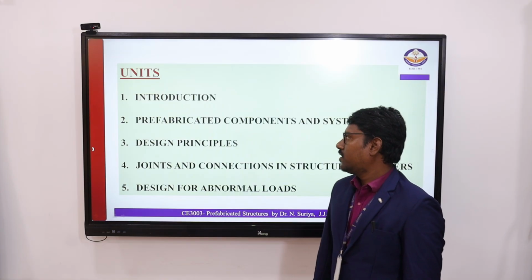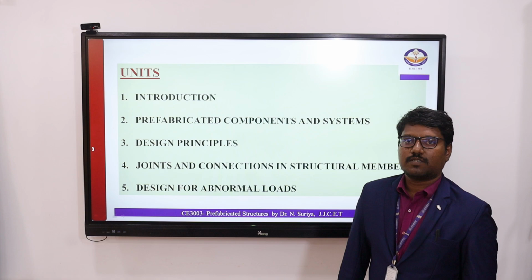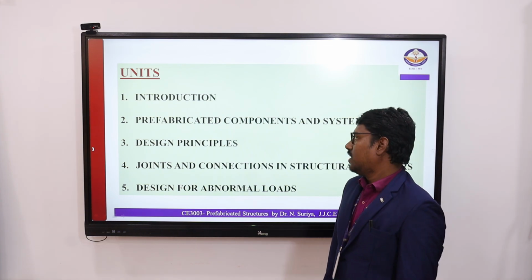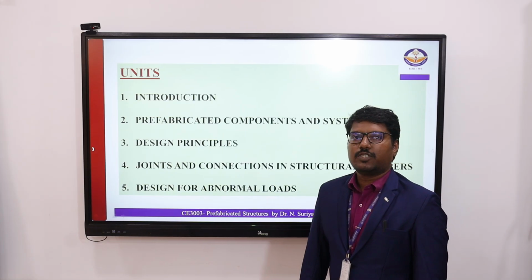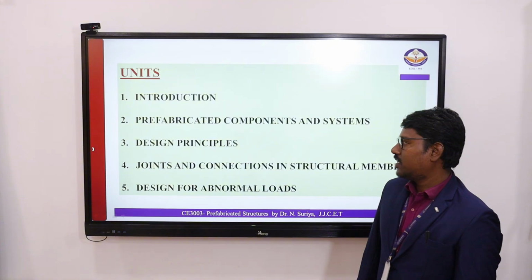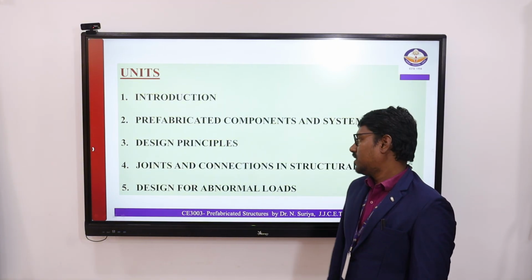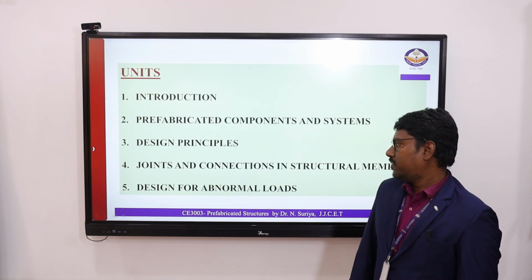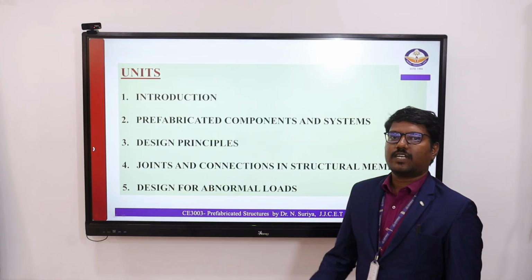Unit 2 consists of various prefabricated components and different systems used in prefabrication method. Unit 3 consists of design principles and design aspects used in prefabrication method. Unit 4 consists of different types of joints and connections involved in prefabrication method. And finally, Unit 5 consists of design for abnormal loads such as earthquake and seismic loads.